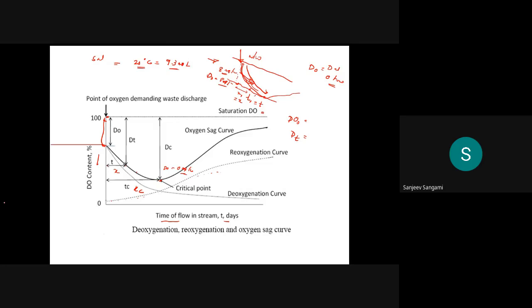In the winter season, the curve may look flat if wastewater is not released. Sometimes during summer season, the critical point may be reached early. During rainy seasons, a lot of fluctuations will be there, but this is a typical curve of any river.